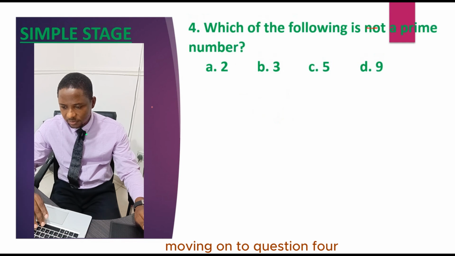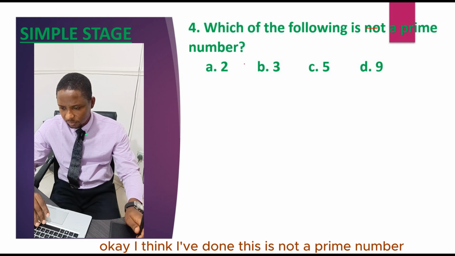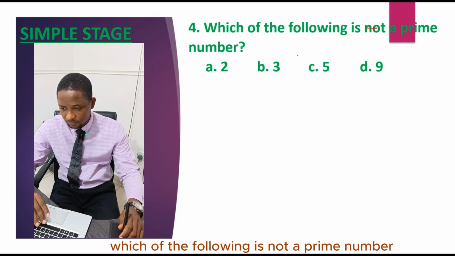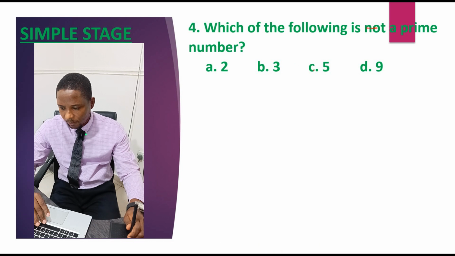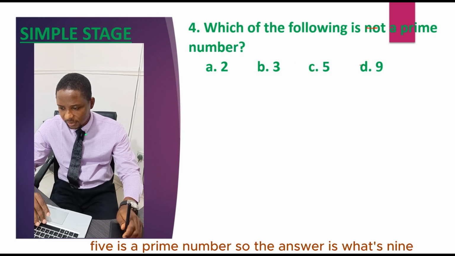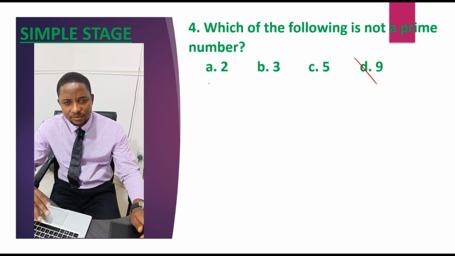Moving on to question 4. Which of the following is not a prime number? 2 is a prime number, 3 is a prime number, 5 is a prime number, so the answer is 9. In case we don't know what a prime number is, a prime number is a number that has 2 factors, itself and 1.